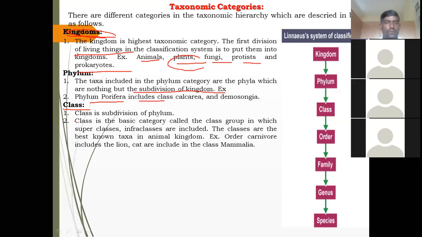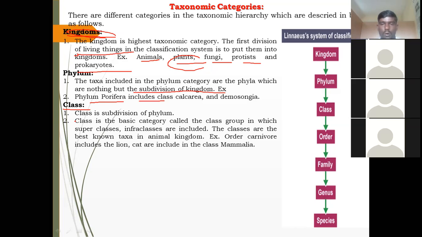Now what does class say? Class is a subdivision of phylum. It is a basic category called class or group in which superclasses, infraclasses are included. The classes are the best known taxa in kingdom Animalia.